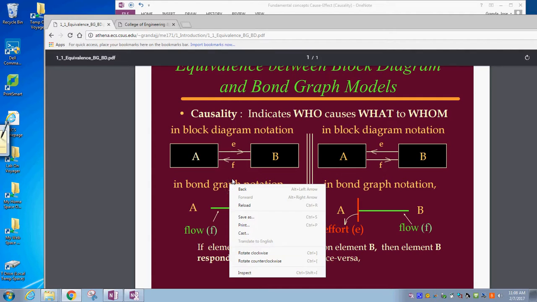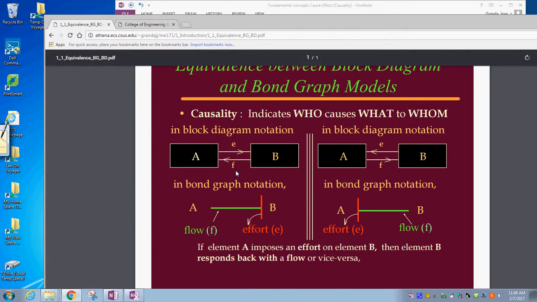So this is again the cause and effect. In this case, this would be the cause, this would be the effect, and in this case, the cause and the effect. So do you see what I mean? If A applies a force, B acquires a velocity.